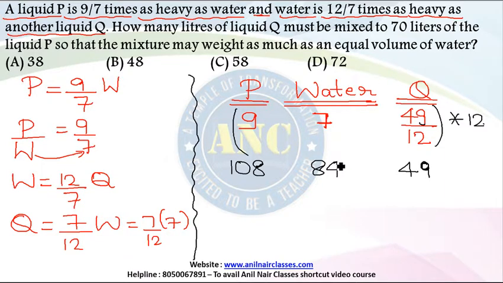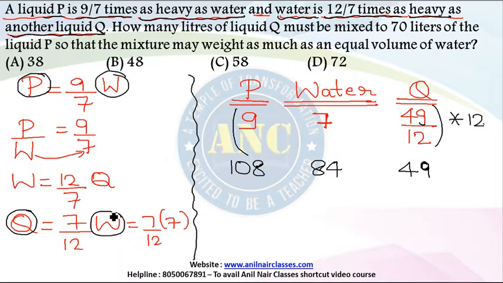Now think a little logically, sir. Read the question once again. Liquid P is 9 by 7 times as heavy as water. That means you are comparing P with water. Similarly, the second statement says water is 12 by 7 times as heavy as another liquid Q. You are comparing Q again with water. That means who is that one person who is the intermediate of liquid P and Q in this case?